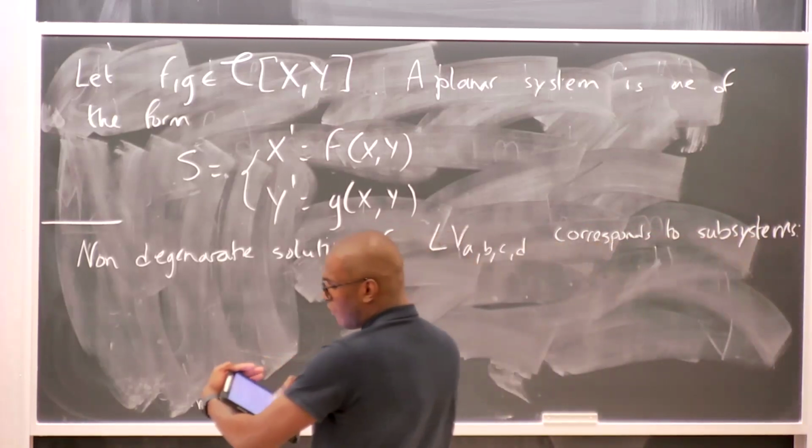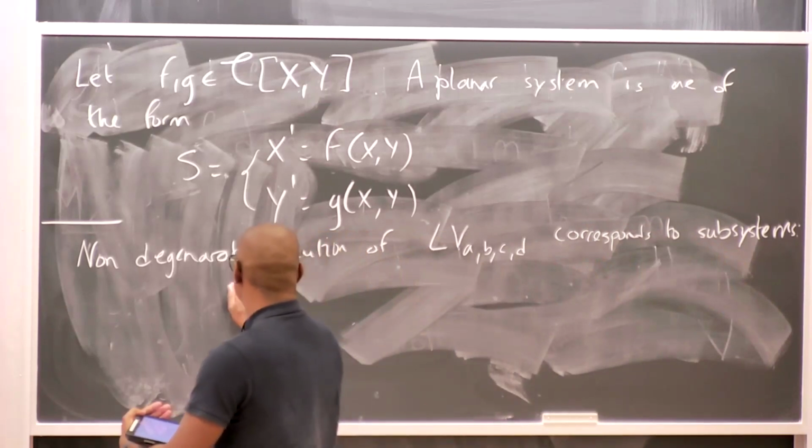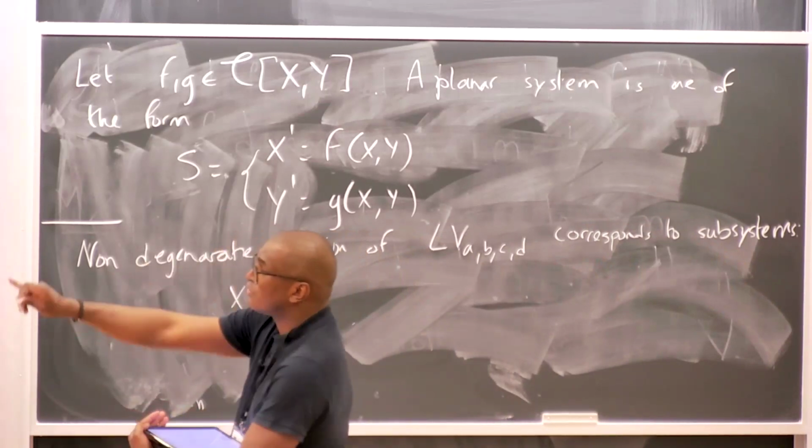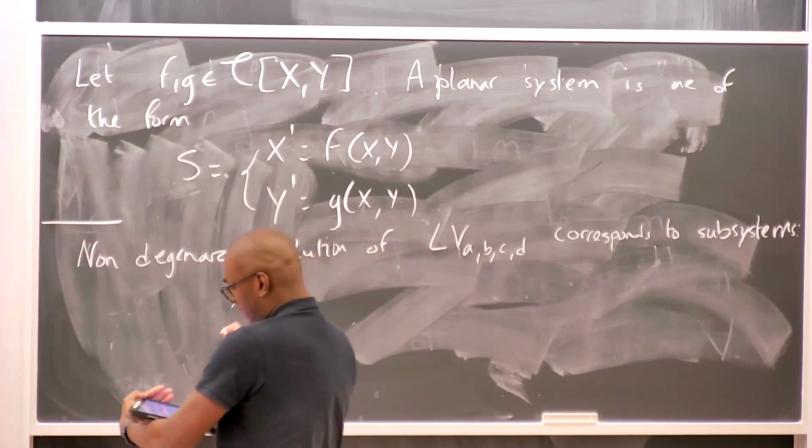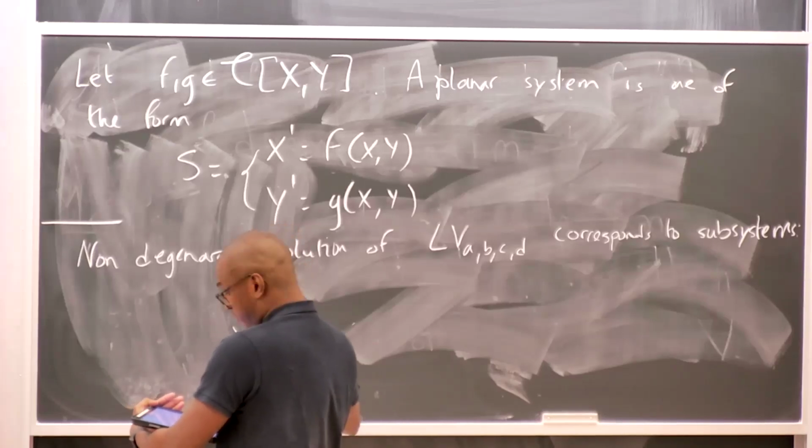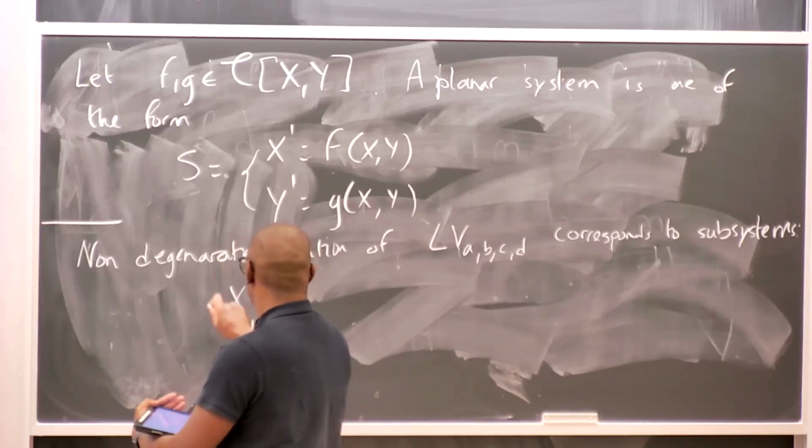One is of the form x equals 0, and it's not hard to see that if x equals 0 you have the system y prime is dy.